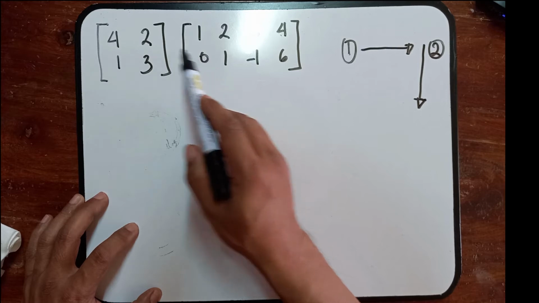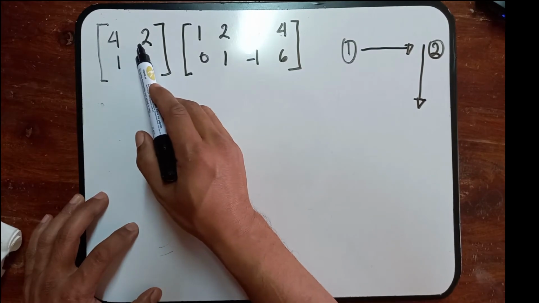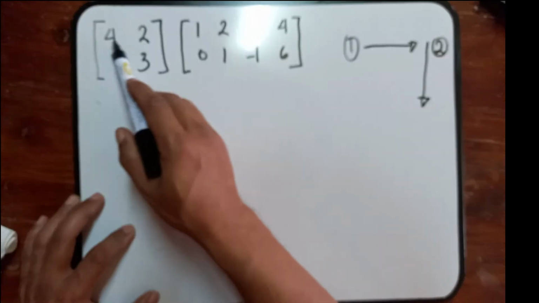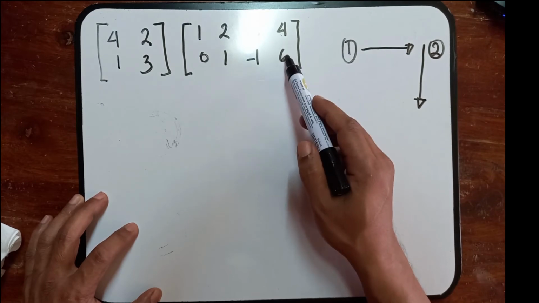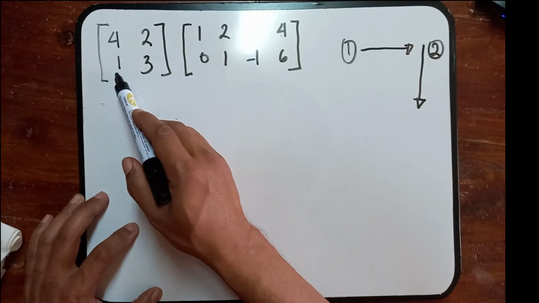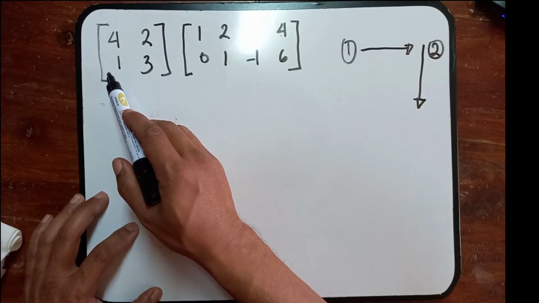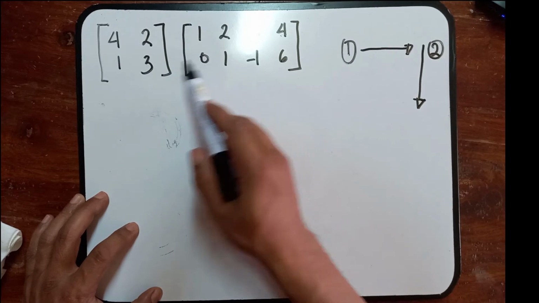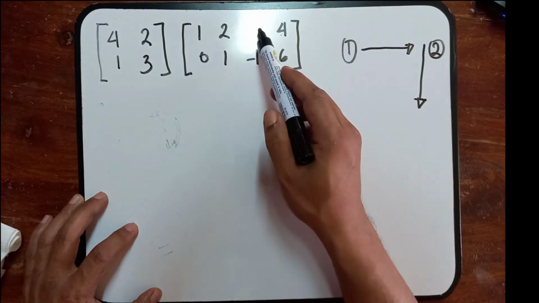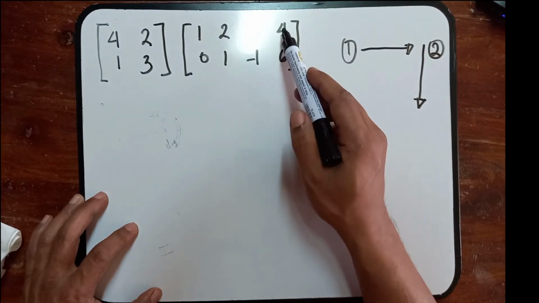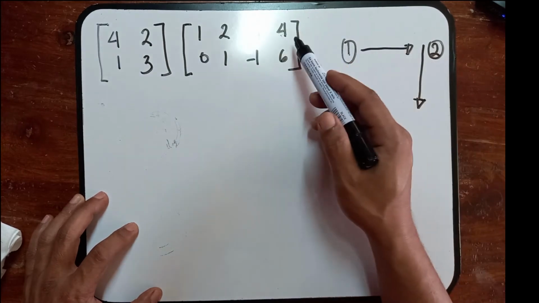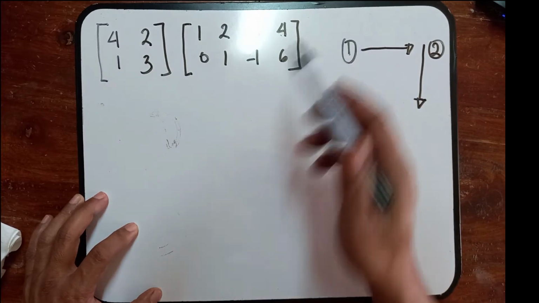After doing that, we go back to the first row and multiply it by the second column. First row, third column, first row, last column. Since we have reached the last column, we go to the second row. Second row, first column, second row, second column, second row, third column, second row, last column. Since we have reached the last column, that is the end of multiplying this matrix.